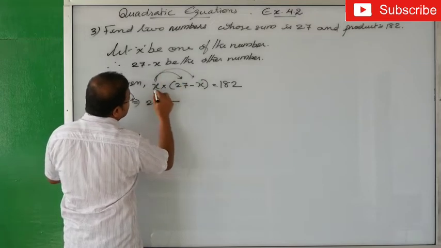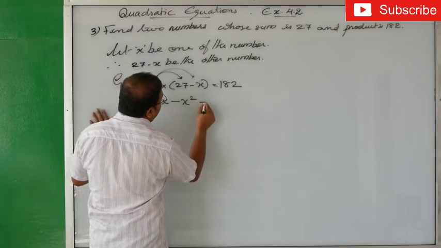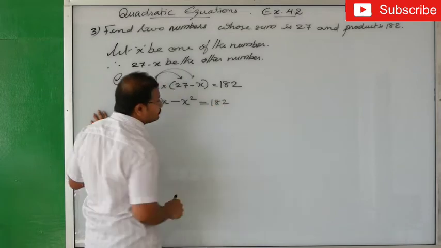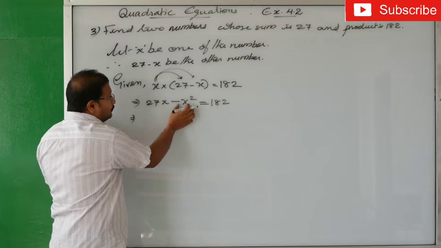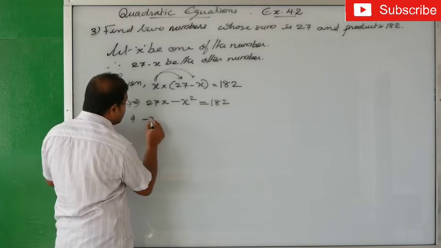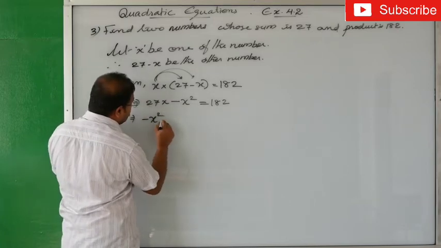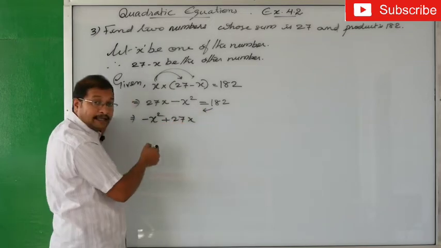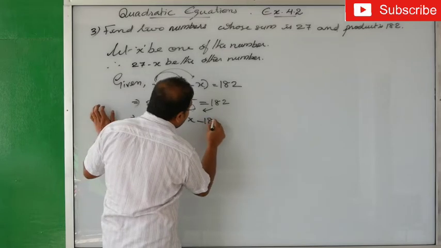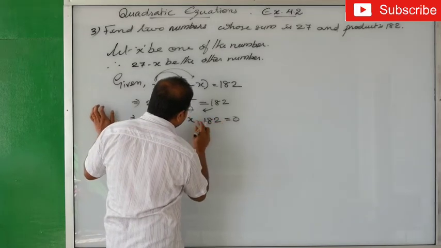Now minus x into x, x square, equals 182. Next step, this implies, of course we have to write first minus x square, 27x is plus 27x, and this 182 will go to the next side. It will be minus 182 equal to 0.